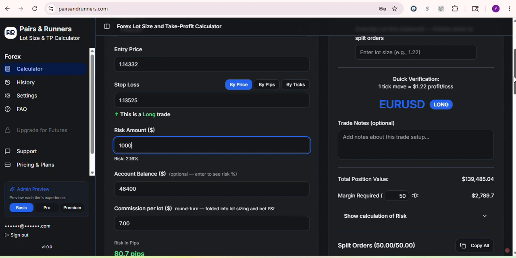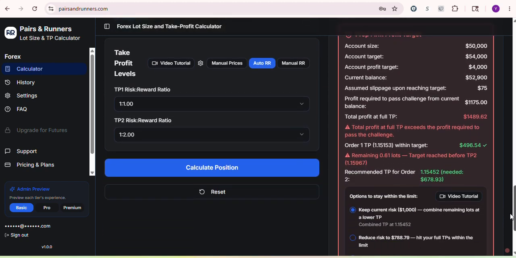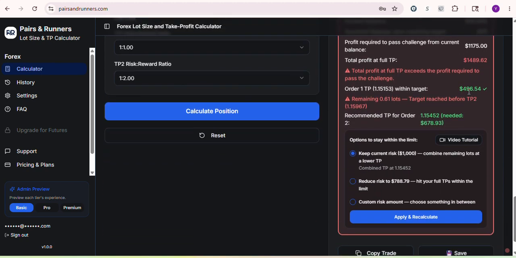So I'm going to increase to 1,000 risk, and now we're at 1,000. So TP1 will hit its target just under $500 of profit. TP2, or trade number 2, will go over. So we can reduce the target. We can reduce the TP level there, or we can reduce the risk. Either way.